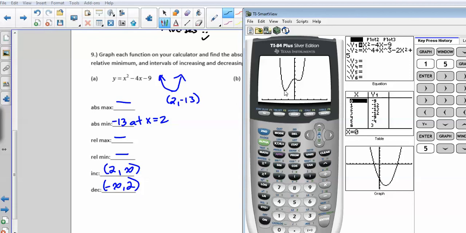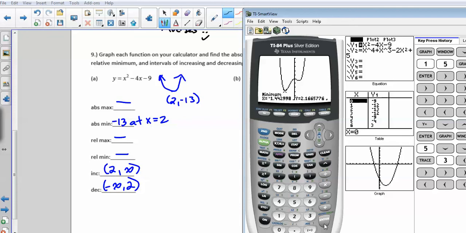So to find this first one right here, this minimum, I'm going to do second, calculate, minimum, choice 3. Go to the left of it, enter, go to the right of it, enter, and go close to it. Enter.